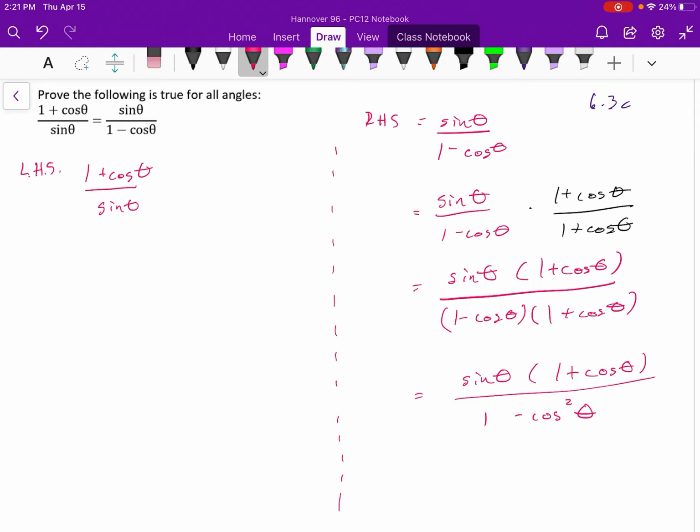Now, let's take a look to the left-hand side. I have created a factor of 1 plus cosine theta. I'm going to give you 3-4 seconds to maybe try to see how we could get rid of sine theta in the numerator on the right-hand side.